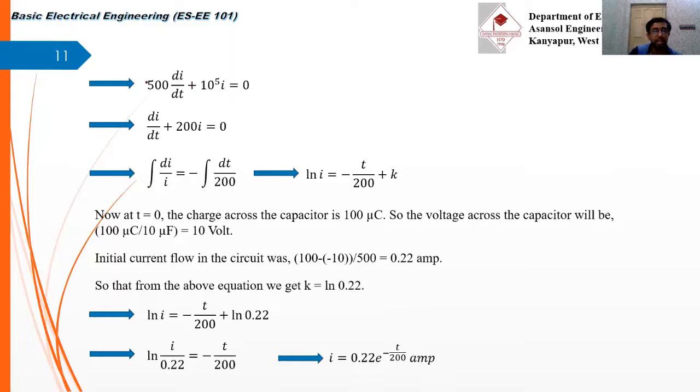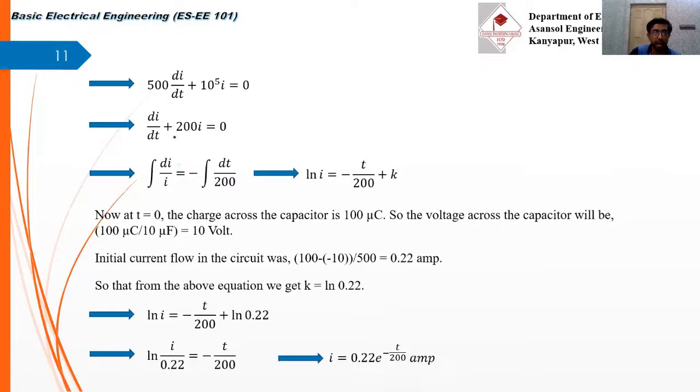That is 500 into di/dt plus 10 to the power 5 into I, so di/dt plus 200I, because dividing both sides by 500 you will get di/dt equals minus 200I.